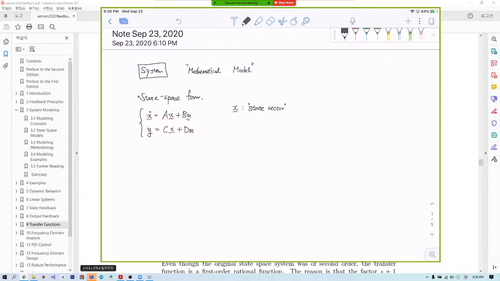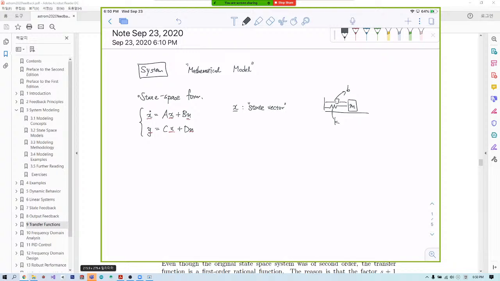So, for example, think of a spring-damper mass system. I'm just gonna redraw this. Suppose we have a system that looks like this. A mass m is attached to one end of the spring with a spring constant k and a damping constant b.